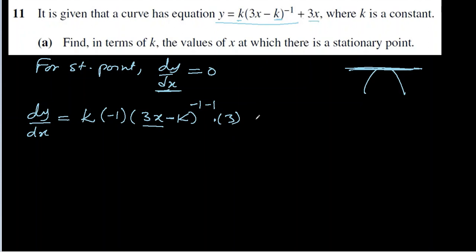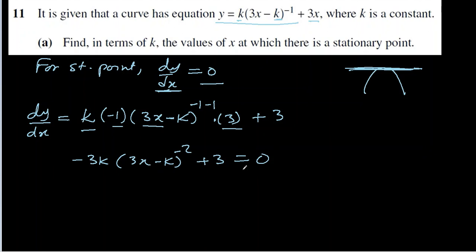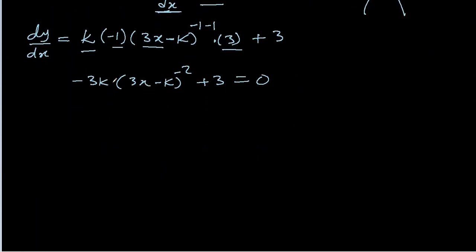Next we have 3x. So the differentiation of 3x is just 3. So let's multiply this 3k and minus 1. It becomes minus 3k times (3x minus k) to the power minus 2, plus 3. And we have to make it equal to 0 because at a stationary point, dy over dx is equal to 0. Since this is a constant, we can take it to the other side because factoring will not help.